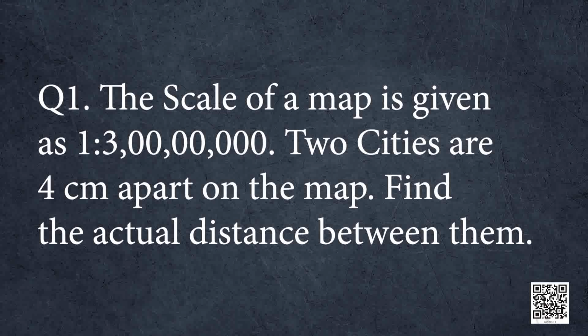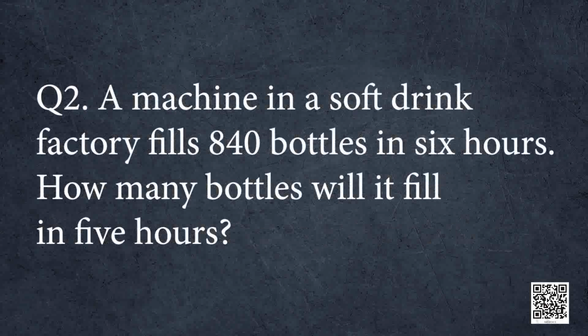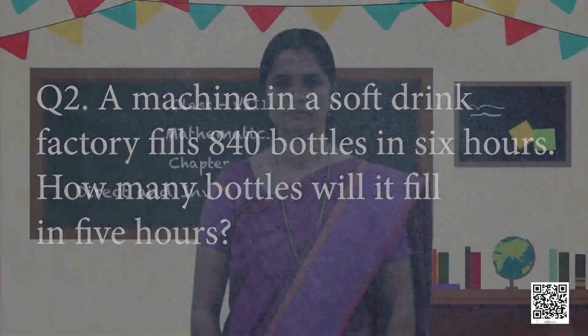Find the actual distance between them. Question number 2. A machine in a soft drink factory fills 840 bottles in 6 hours. How many bottles will it fill in 5 hours?